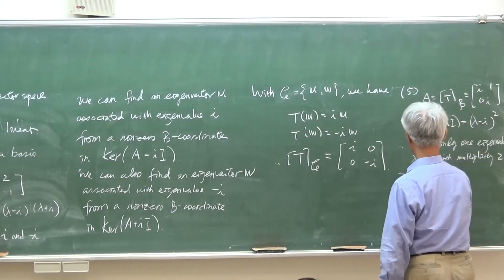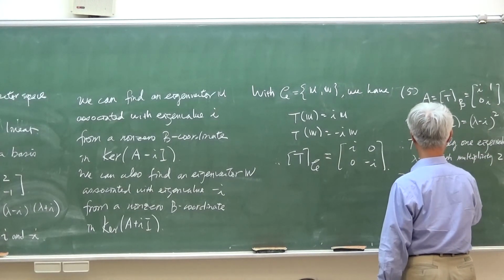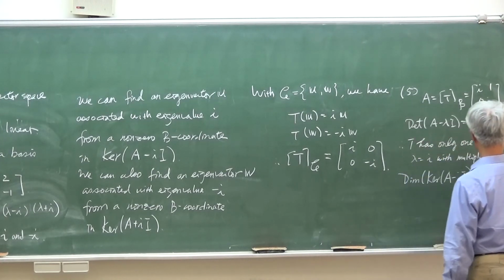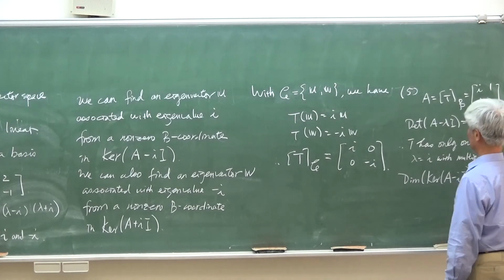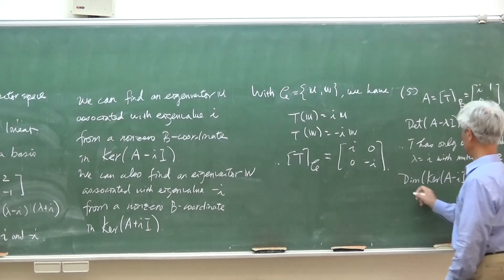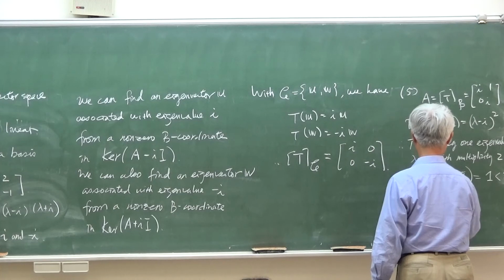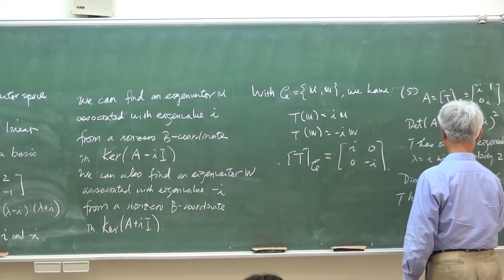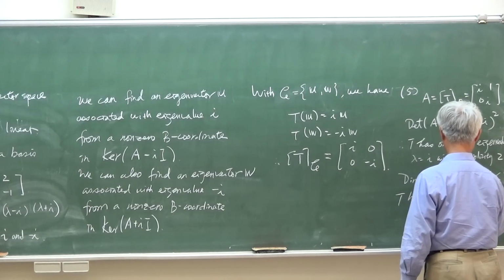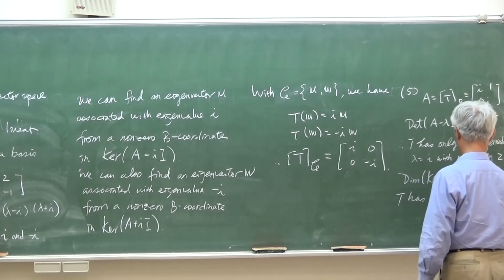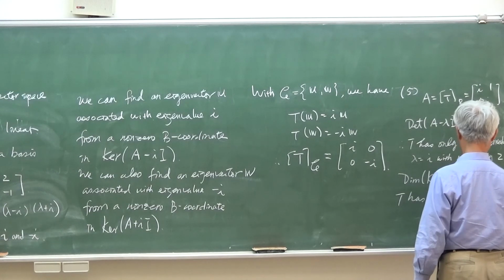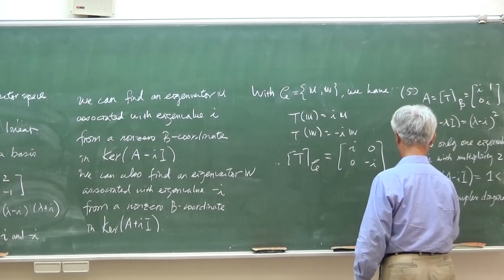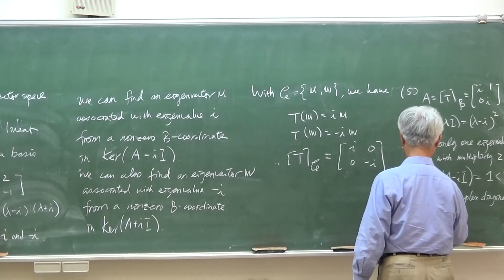And you will find that the dimension of the kernel of A minus λI is only 1, which is less than 2. So T has no complex diagonal matrix representation.